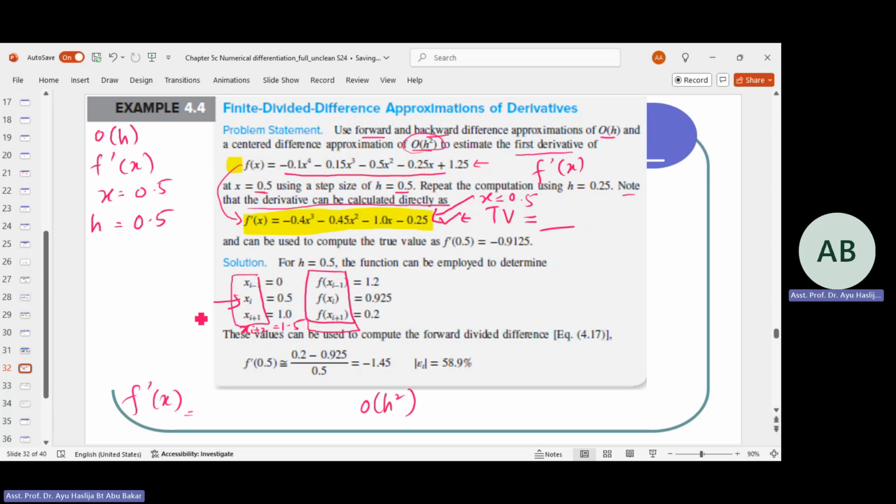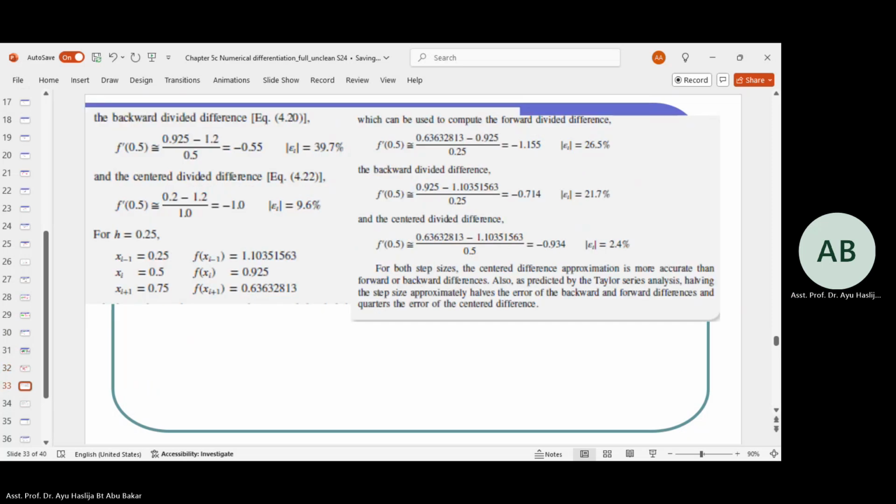In this question, it asks you to find forward and backward, then centered. Here is the overall solution.